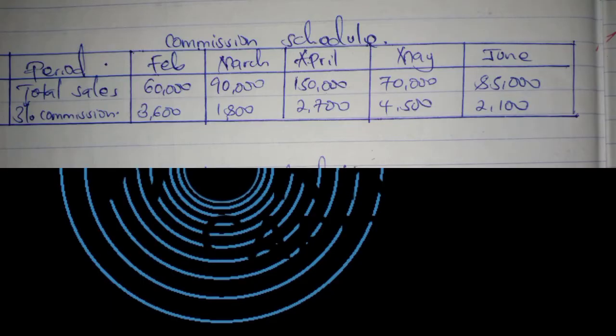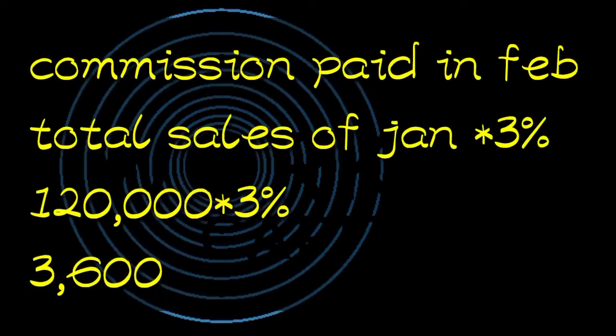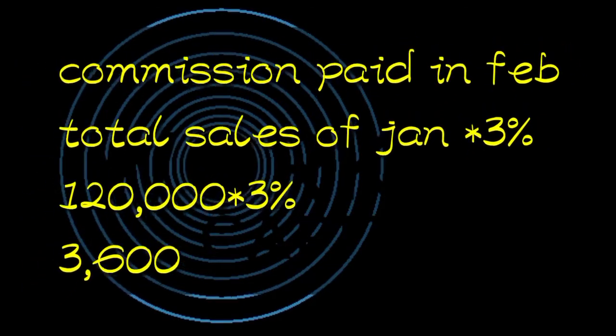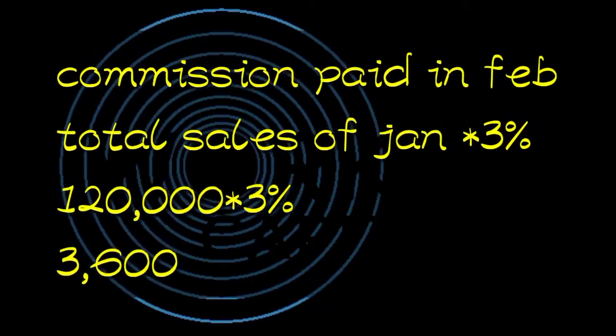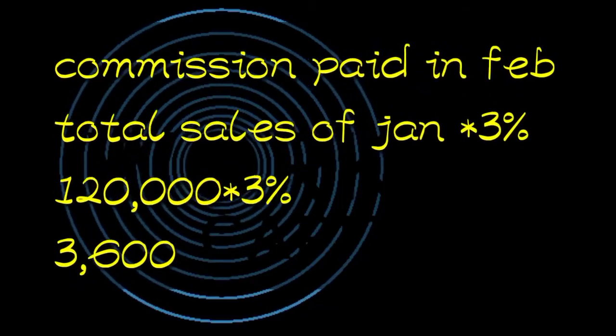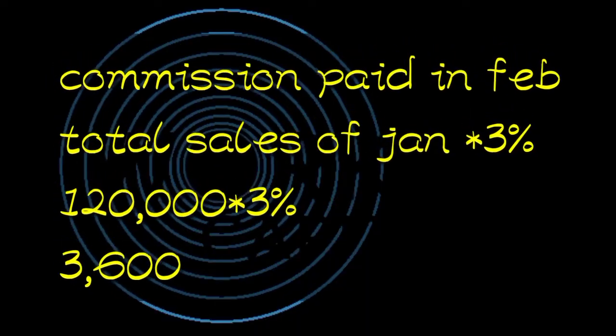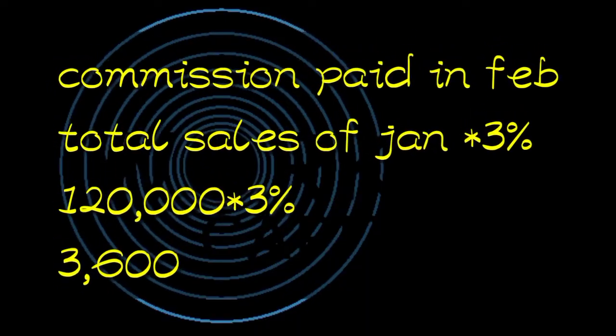We shall draw a commission schedule, and they said commission will be paid on sales. Therefore, we shall first record total sales for all the months: Feb, March, April, May, June. Then they said commission is 3%, and it will be paid a month after sales are made. Therefore, the commission of Jan will be paid in Feb. In order for us to get the commission that was paid in Feb, we get total sales of Jan times 3%. So we get 120,000 times 3%, and we get 3,600.